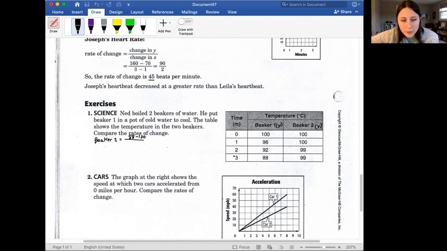And then for X, it's 3 minus 0. Okay, for beaker 2, that would be 99 minus 100. So only change like 1 degree over 3 minutes. And then 3 minus 0. Okay, so 88 minus 100 is negative 12?